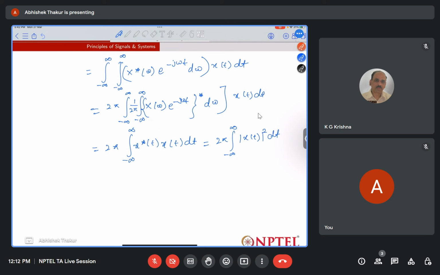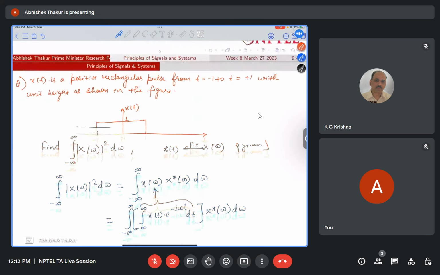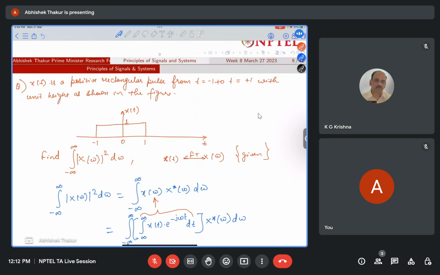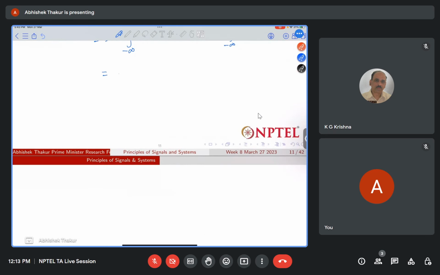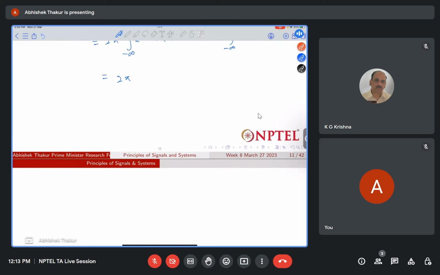Why have we done that? Our signal is given in the form of x(t), so now we can simply do this integration. Mod of x(t) squared is 1 and the range is from minus 1 to 1. So this integration is 2 pi times the integral from minus 1 to 1 of dt, which is 2 pi into 2, so it will be 4 pi.